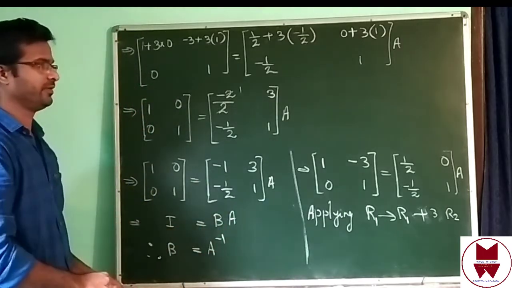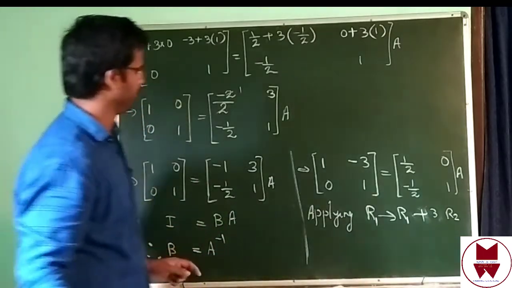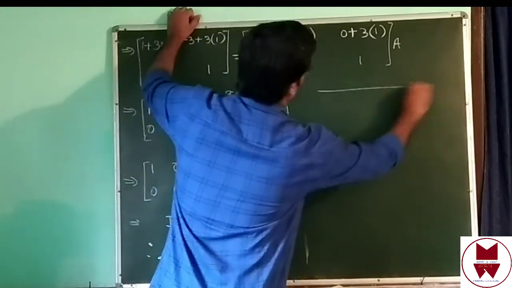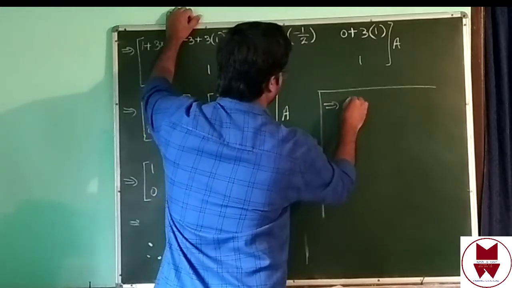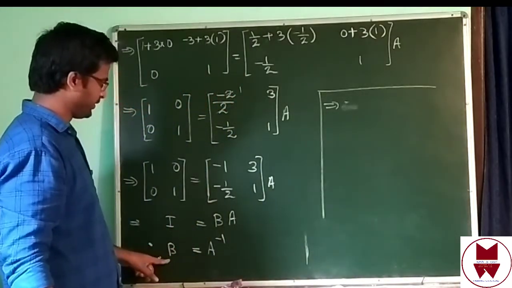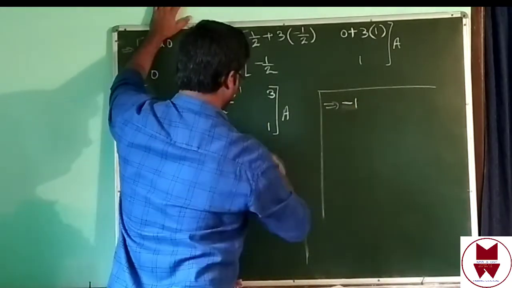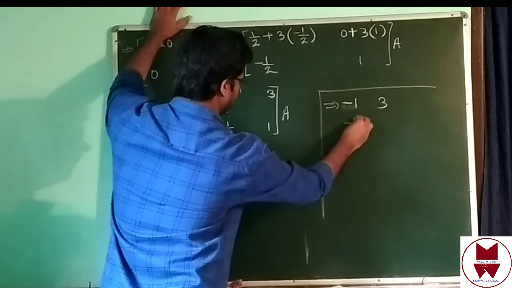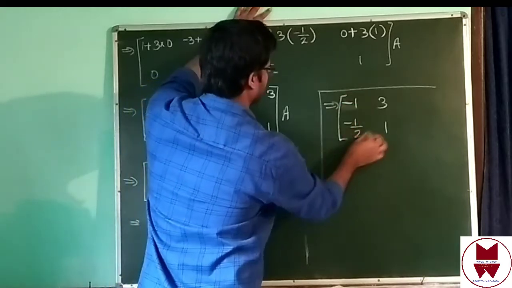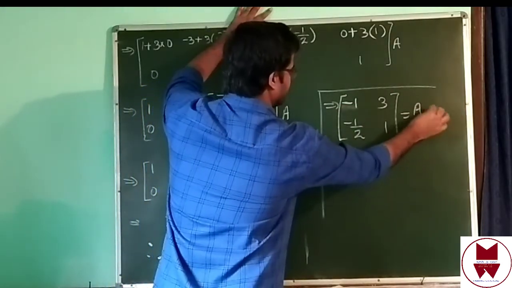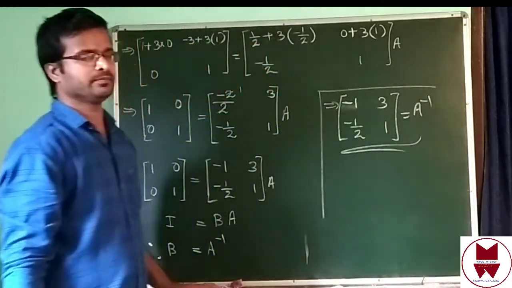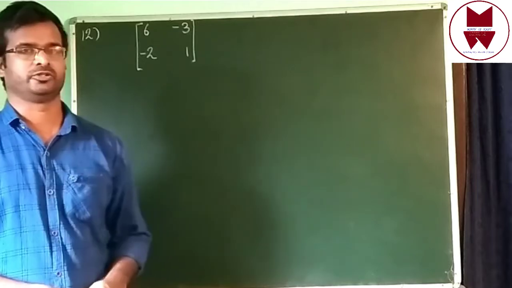A into A inverse only we will get I. Then B matrix we can write in here, that is minus 1, 3, minus 1 by 2, 1. That is B matrix, equal to A inverse. This is our answer.